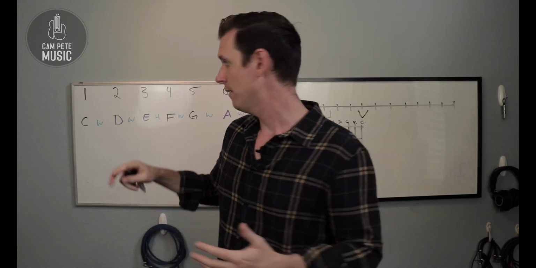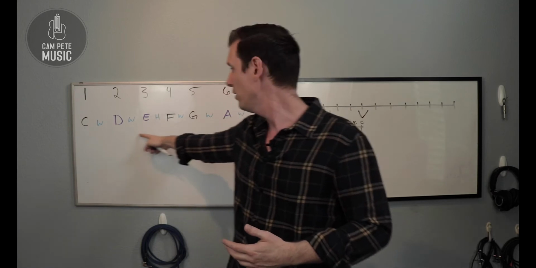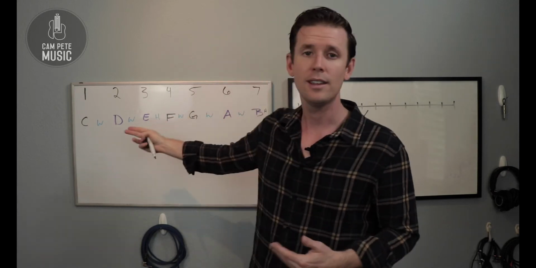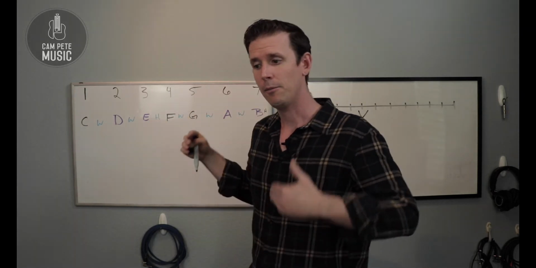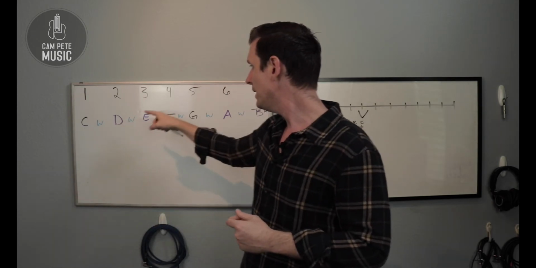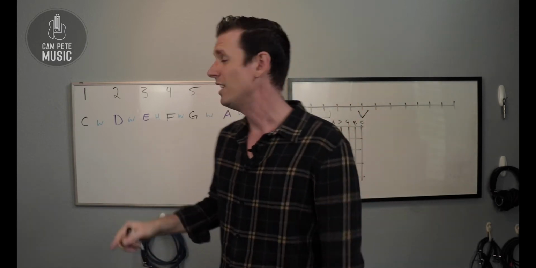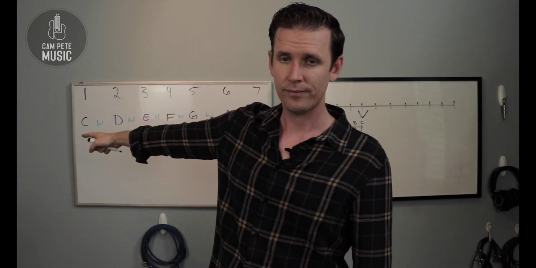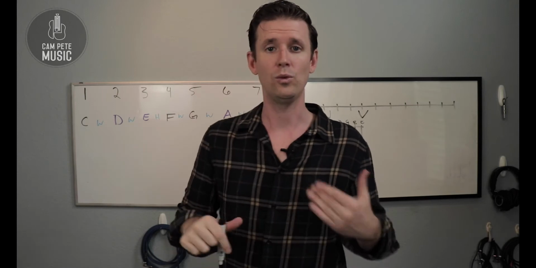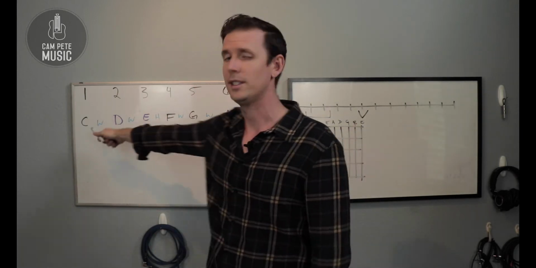So, for the sake of this example, I started on the note C, I followed this pattern, and these are the 7 notes that I will get by moving through this pattern. So C, D, E, F, G, A, B are the 7 different notes that are in the key of C major, because those are the notes you will get moving these steps away from C.